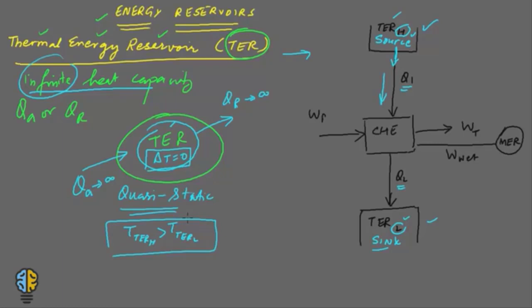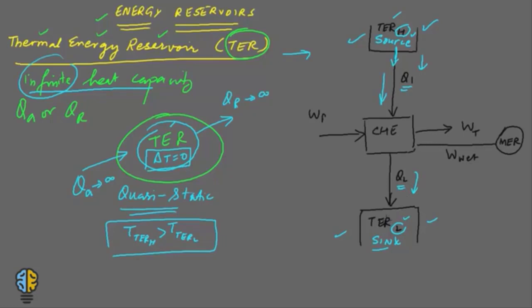Apart from this, that is source and sink, you should always remember that the source has a higher temperature as compared to the sink. The source is the supplier of the heat energy, and the sink is the place where we reject the heat energy.